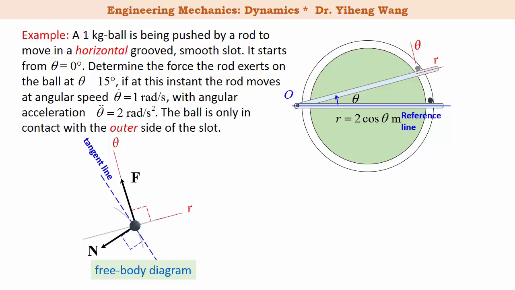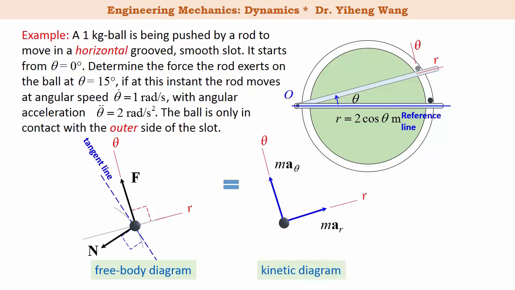And since we are only considering the horizontal plane where the motion happens, we do not need to consider the weight force. Therefore, this completes the free body diagram. And we draw a kinetic diagram showing the acceleration components along the r and theta direction.